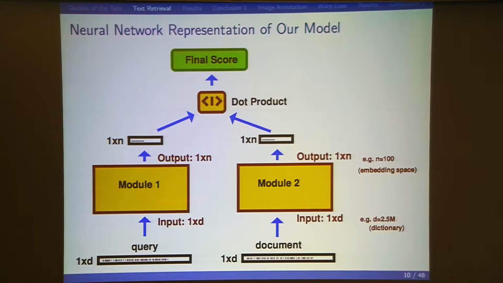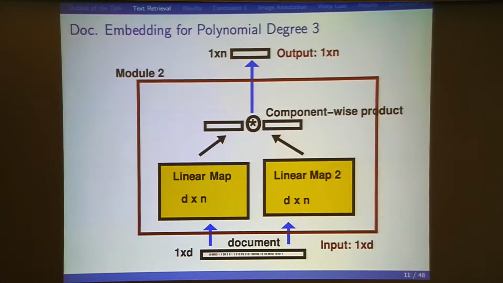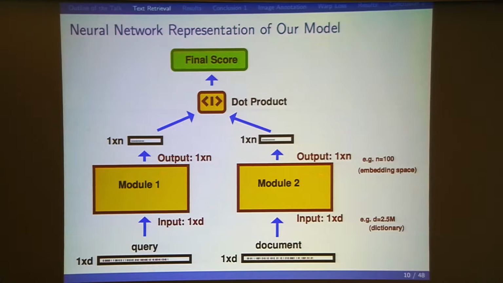What you put in these modules will change whether you have a degree 2 or degree 3 model. If this is just a linear transformation, just one matrix, then you get the degree 2 model. And this here is a zoom up of that module 2 there.